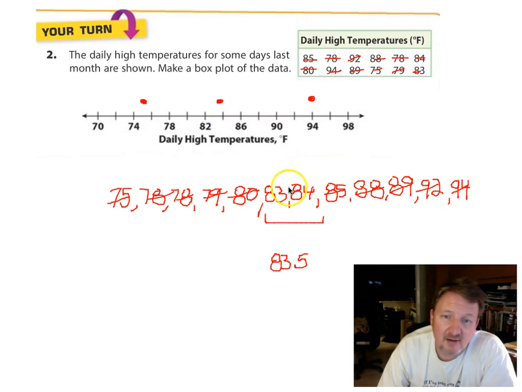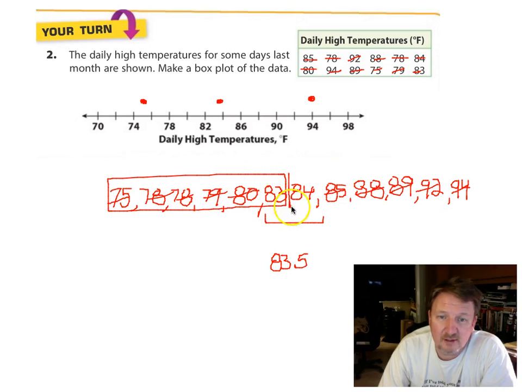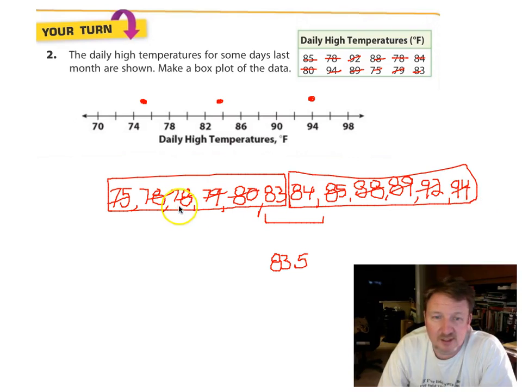Now I need to use that information to come up with the interquartile, or upper and lower quartiles. I've drawn a box around my lower quartile, and a box around the upper quartile. So now I eliminate from the outside in. 1, 1, 2, 2, and I got two numbers here in the middle, 78 and 79. My lower quartile is 78.5.